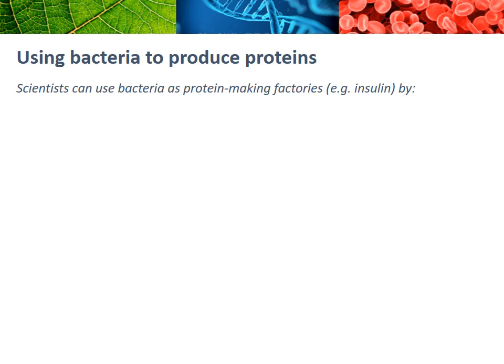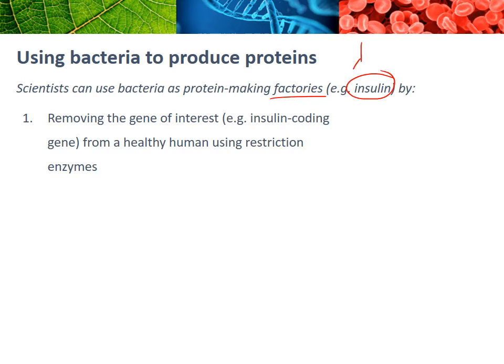Now, using this theory, scientists can use bacteria almost as these little protein-making factories. I'm going to use the example here of, let's say we need to produce insulin, which is used to treat diabetes.